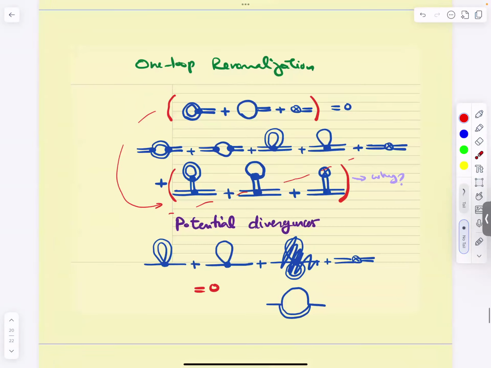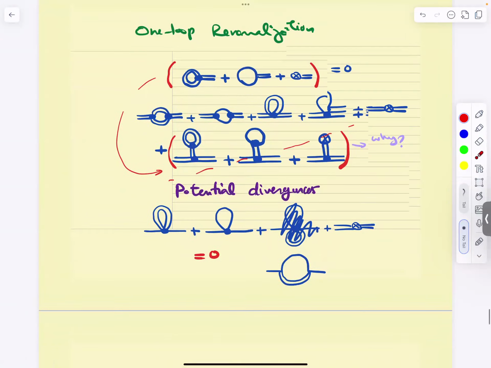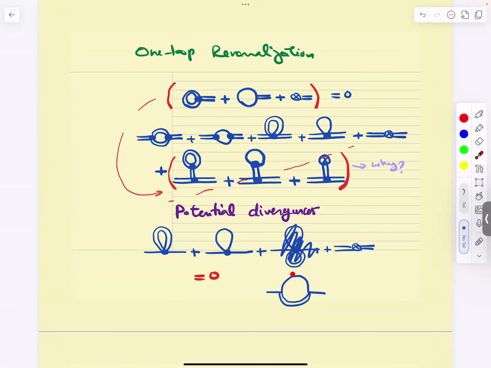Now, the important part for us is these diagrams. What are these 4 diagrams contributing to? These are the 1PI terms for renormalization of the propagator of pi fields. This is what you need to check to make sure that your pi fields are your Nambu-Goldstone boson.